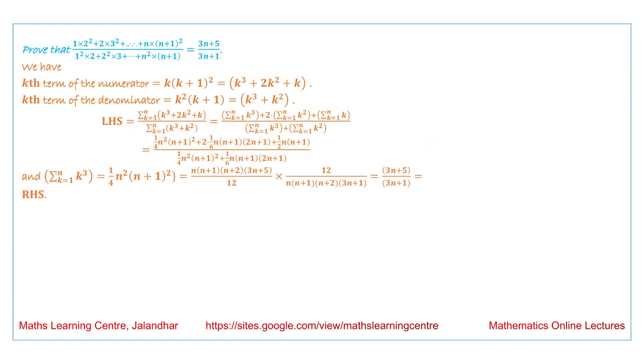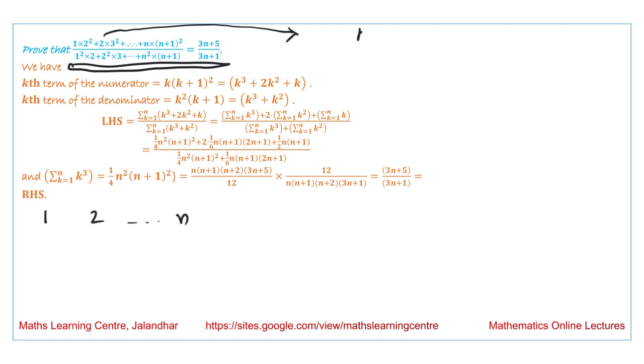Next is prove that this value is equal to 3n plus 5 divided by 3n plus 1. Now if we look at the numerator, the general term is 1, 2, 3, so on up to n.